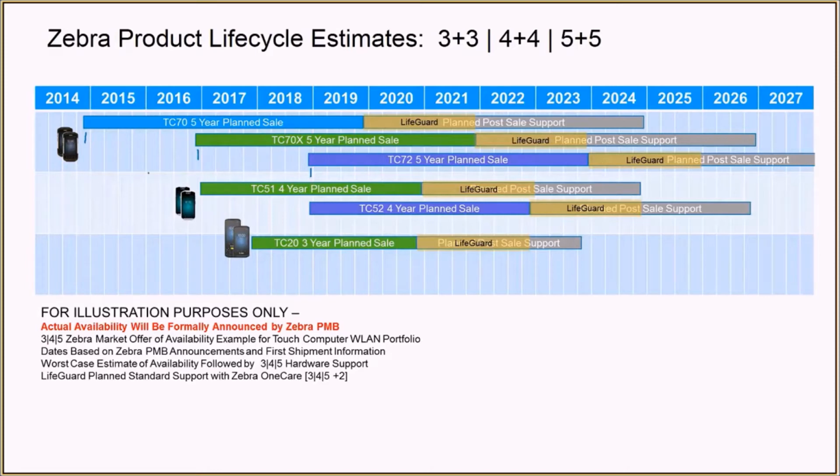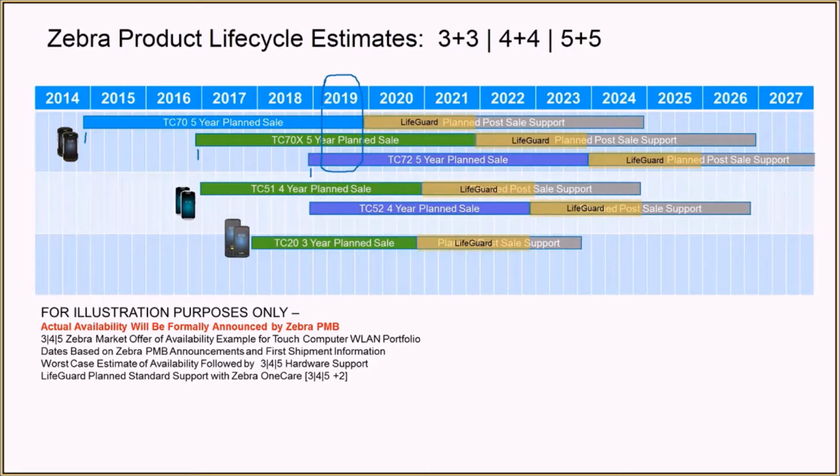And we didn't end the previous product. That was the example I gave in CE with the MC9090 to 9190, where you would see an end of sale and a termination. Nope, we honored the 5-year commitment for each of these chassis. And what you end up with is, here in the year 2019, I'll have three versions of the TC7 available.